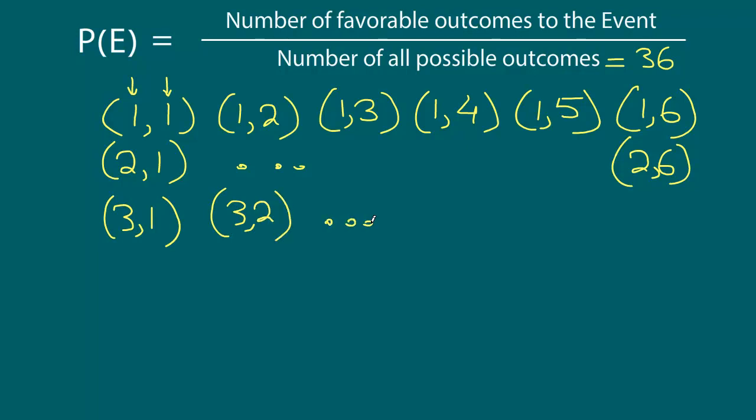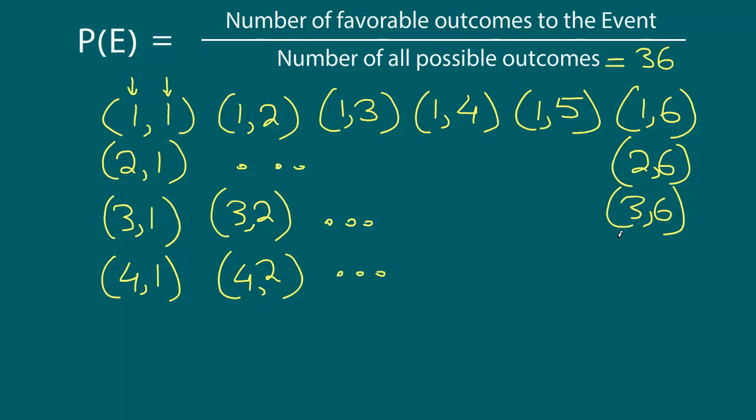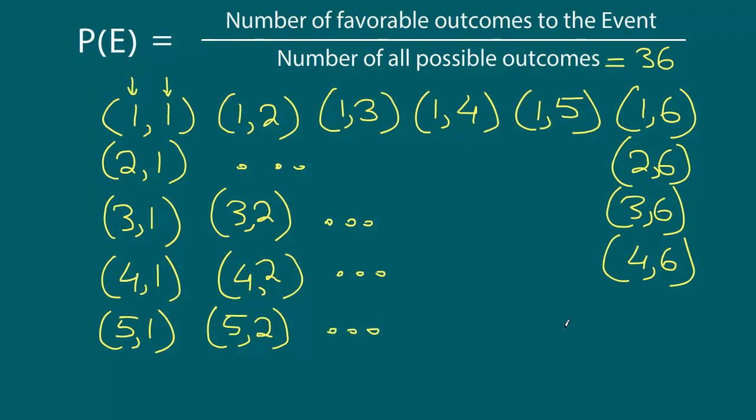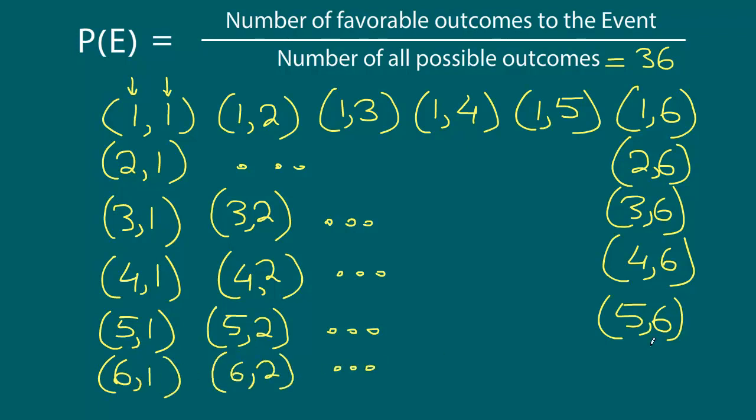I'm not writing all these values, and here we will have 3, 6. And now we can have 4, 1, we can have 4, 2, so on and so forth, and 4, 6. Fifth one, 5, 1, 5, 2, and so on and so forth, and 5, 6. You already know about this. So these are all of the outcomes that can happen when we roll 2 dice.